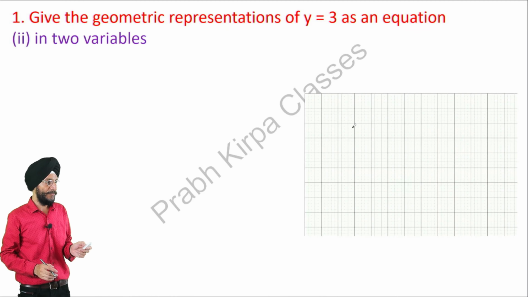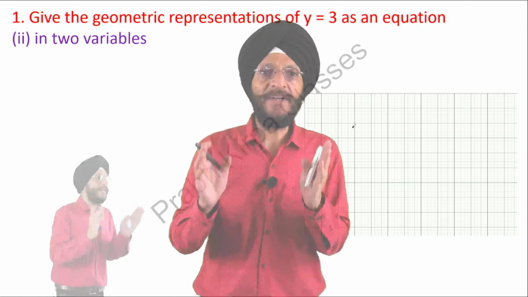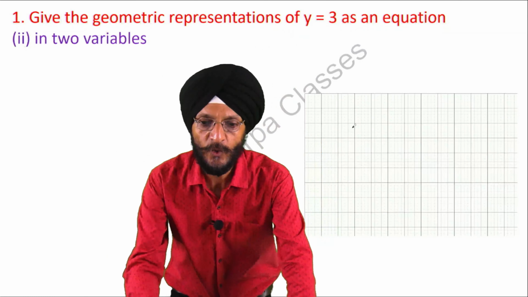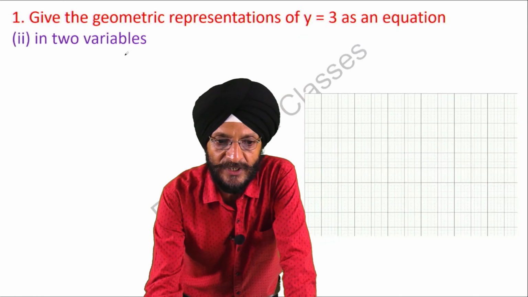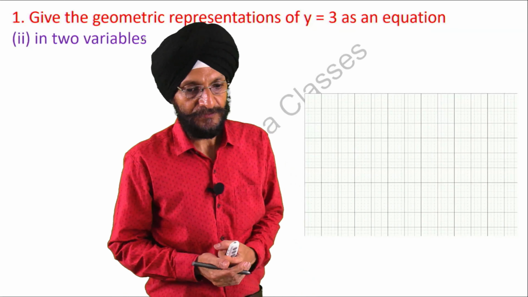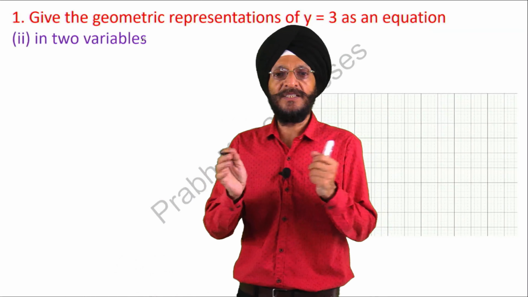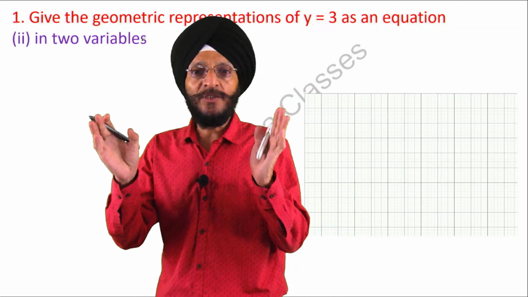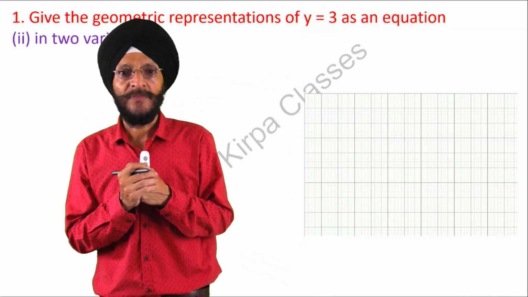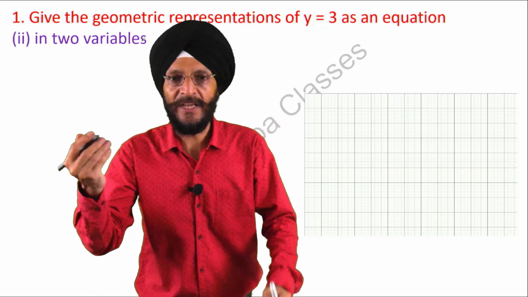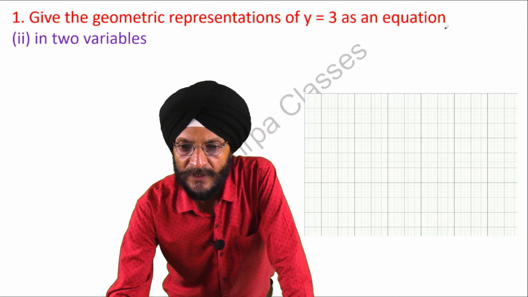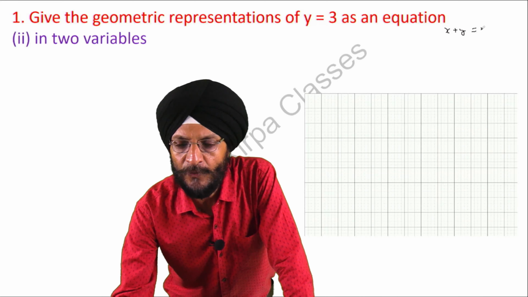Now the next question before us is, give the geometric representation of y is equal to 3 as an equation in 2 variables. We have already learnt that in the case of 2 variables, the linear equation may take the shape of x plus y is equal to 15.